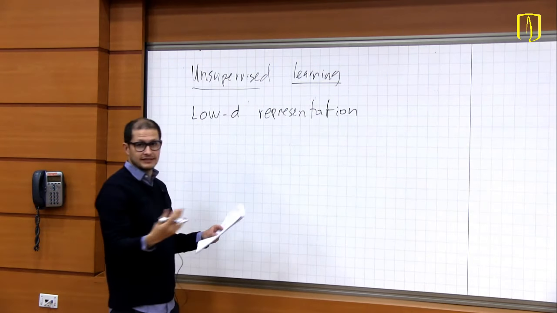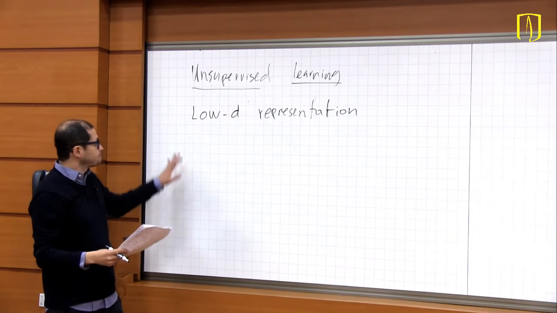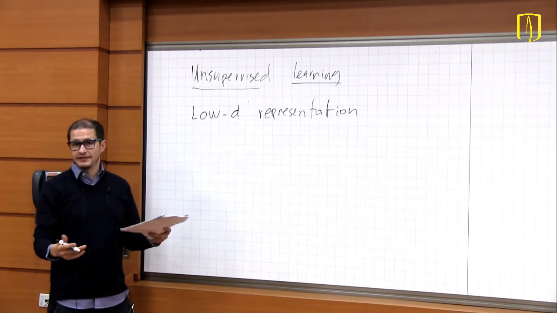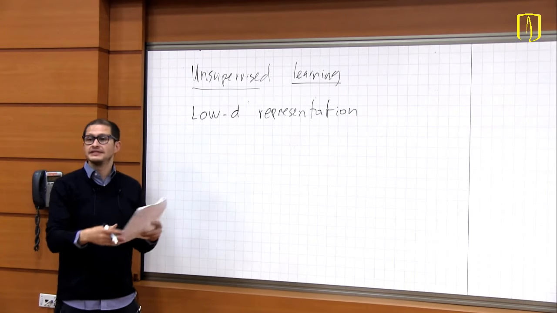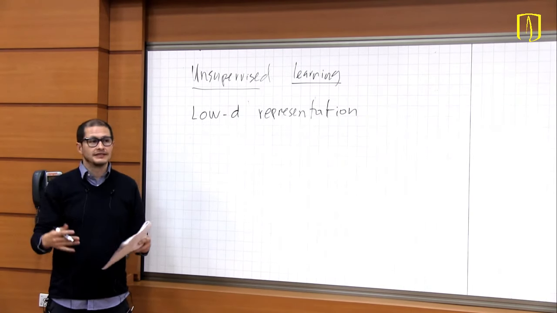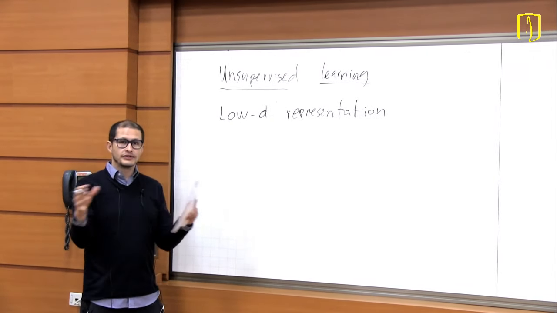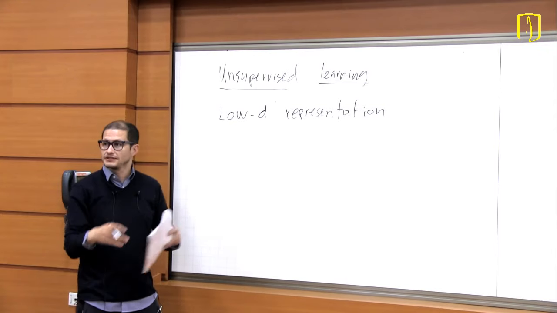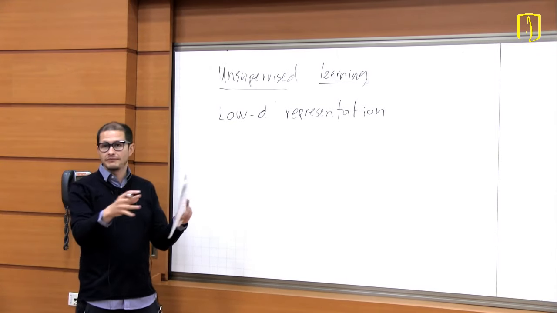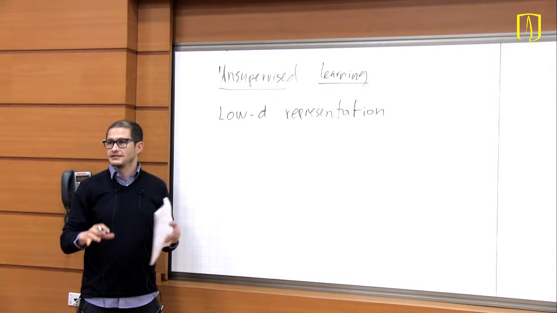What I meant by that is, for instance, if you take this handwritten digits data set, you can project it somehow into a lower dimensional space, let's say in 2 dimensions, and then you'll see some meaningful representation of this data.